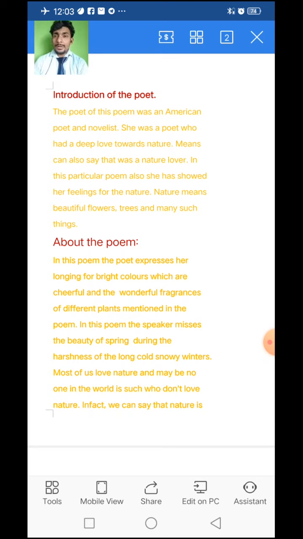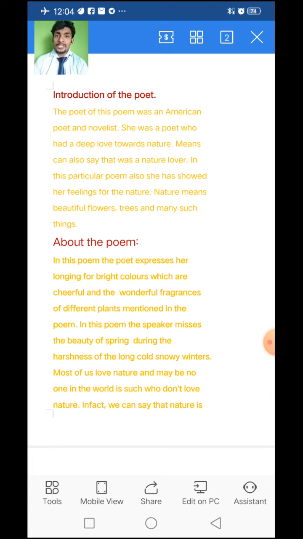So in the introduction of the poet, we discussed that the poet of this poem was an American poet and novelist. I told you that a novelist is a person who writes novels, and along with writing novels, she is also fond of writing poems.